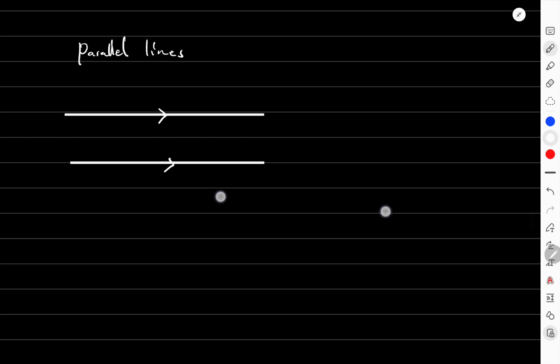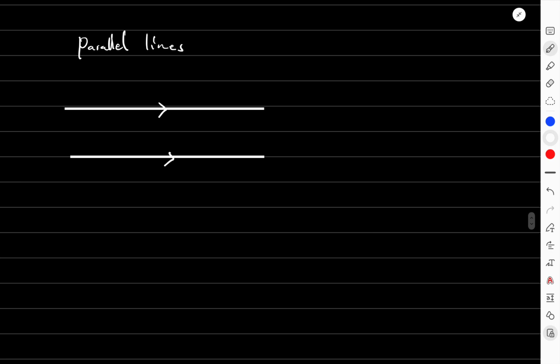Now looking at these two parallel lines, there's no angle that is formed, because an angle gets formed when two lines meet at the very same vertex. But I'm going to draw another line here, and that line is going to be a transversal line. Let me just say I have A, B, C, D, E, F. Drawing my transversal line here, I'm going to have a vertex that is formed here.